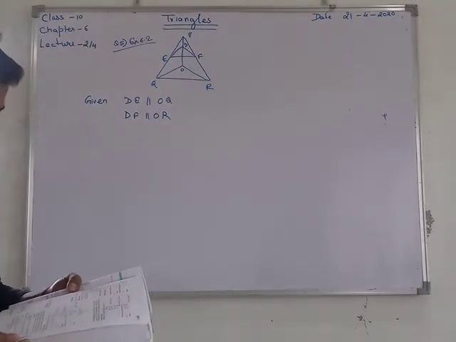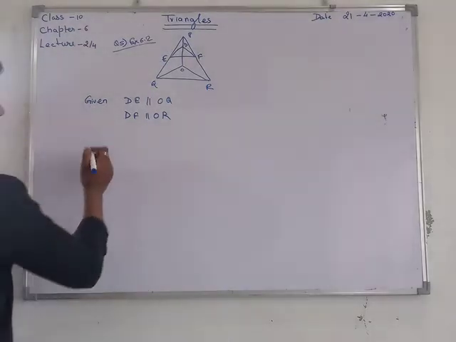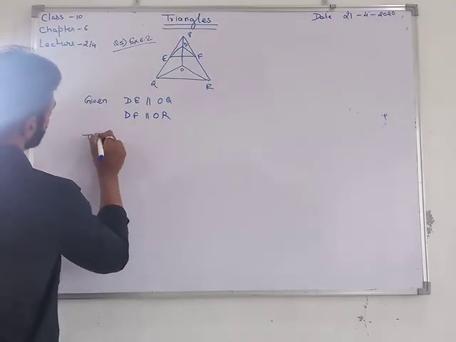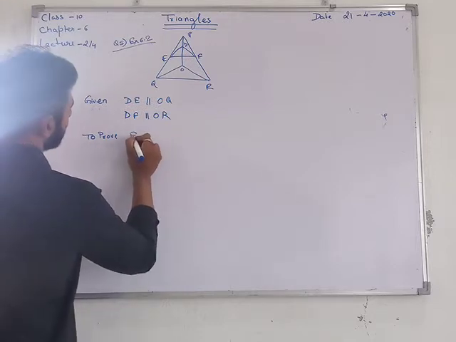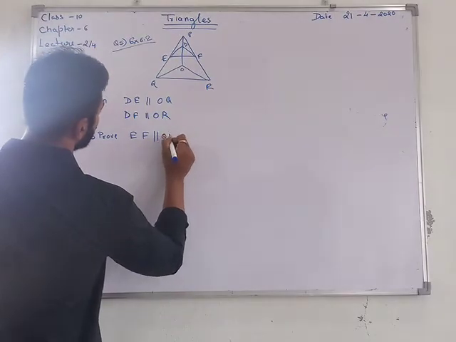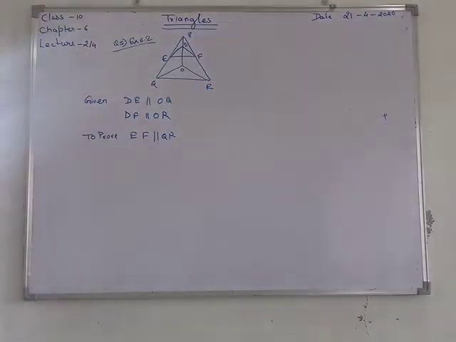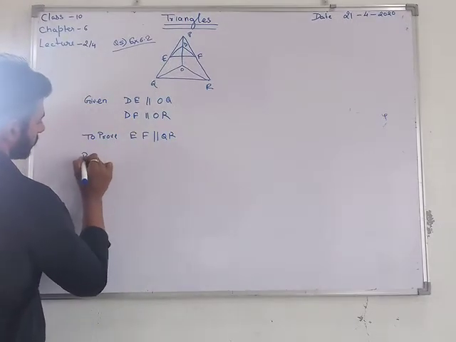Show that EF is parallel to QR. We have to prove EF is parallel to QR. Proof.